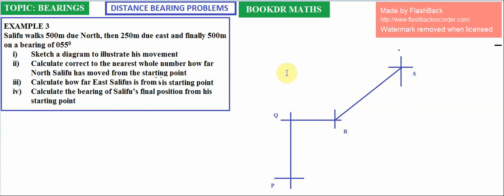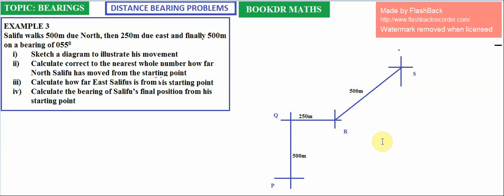Now let me indicate the dimensions. This is 500 meters. Sorry, 500 meters. Let me use a black color: 500 m. Then we have 250 m, the last dimension, under 500 m.